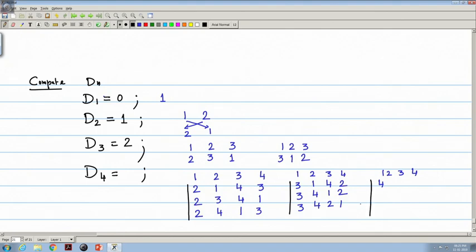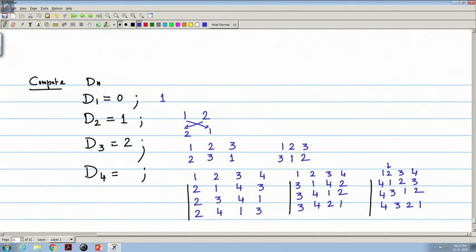Similarly, I will get the ones starting with 4: 4 1 2 3, 4 3 1 2, 4 3 2 1.